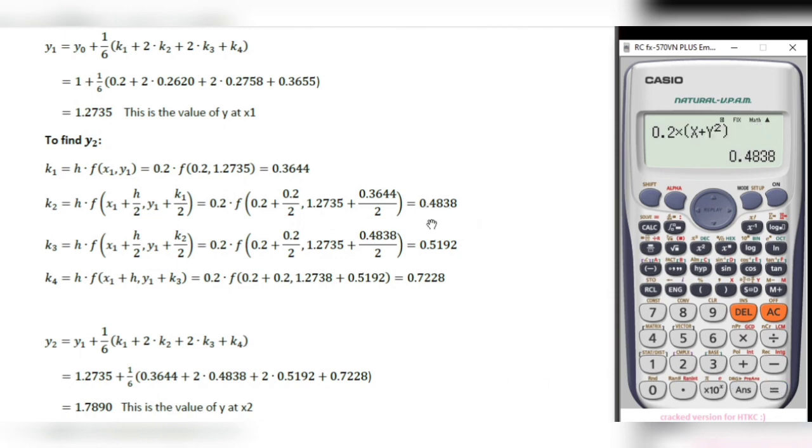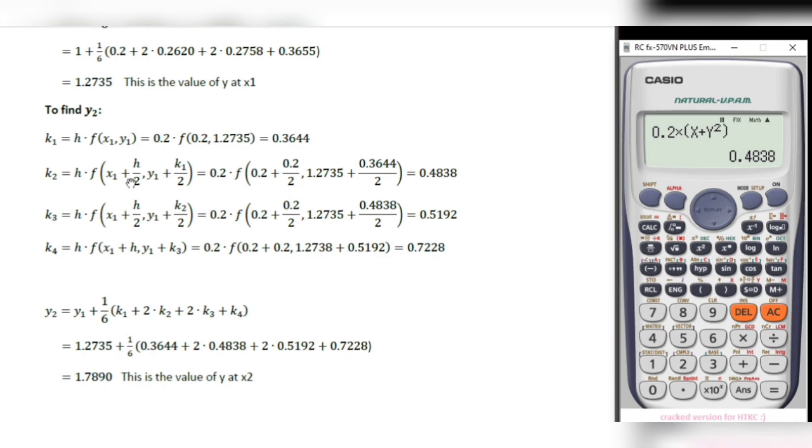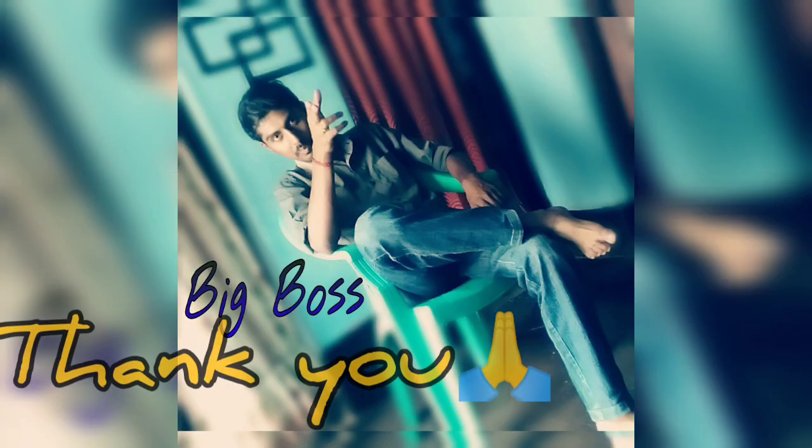So we get k2 as 0.4838. Similarly, you can find out k3, k4, and lastly substitute those values in this formula to find out the value of y at x2. So you can use this trick in any other calculator which supports this formula option.